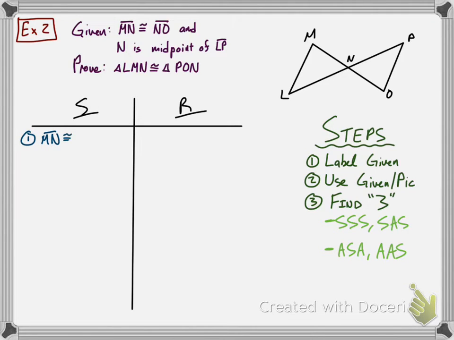MN is congruent to NO. N is the midpoint of LP. And our reasoning is that this is given.